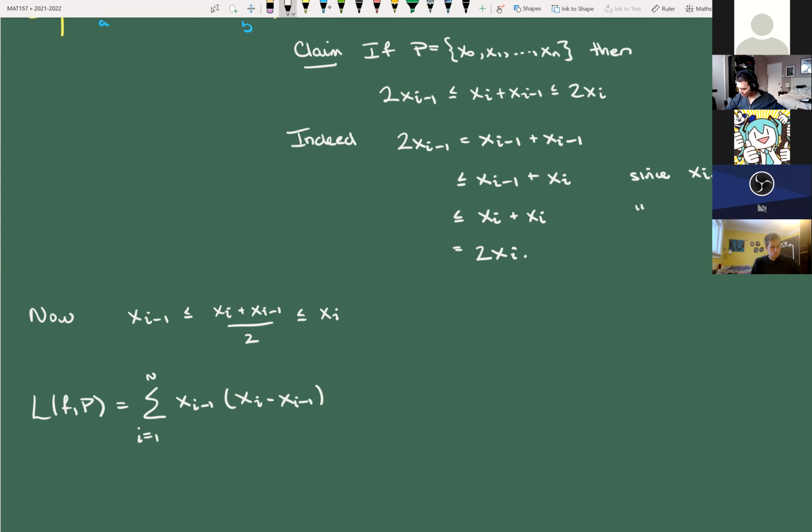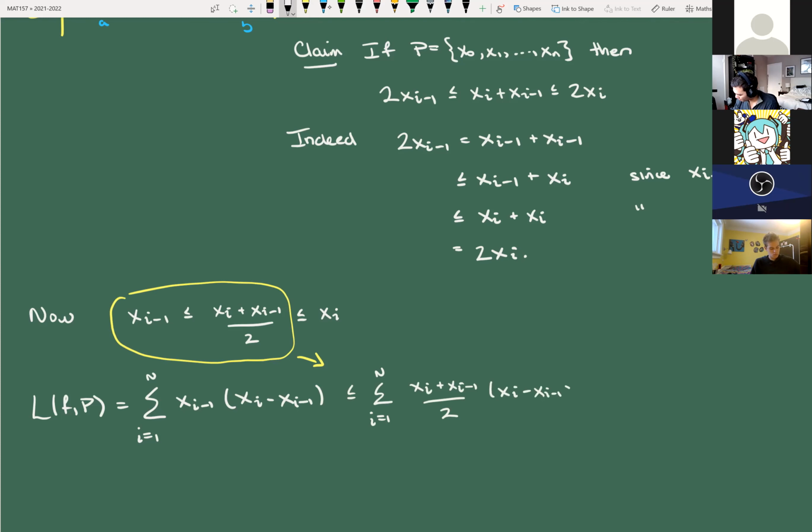Okay, all right, so now we're going to use this less than or equal to this inequality here. So this is going to be less than or equal to the sum from i equals 1 to n of (x_i plus x_{i-1}) divided by 2 times (x_i minus x_{i-1}).